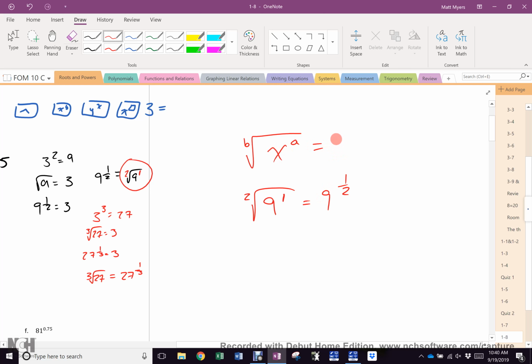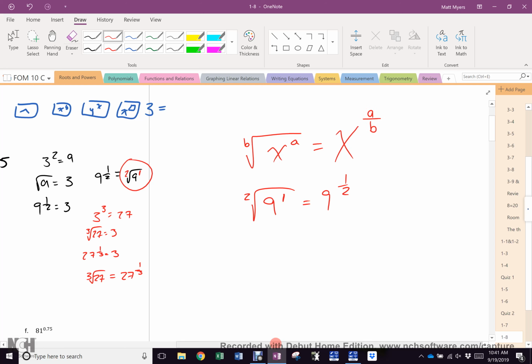What's the big thing I should write? Big X. To what power? Using this example now. You don't need to write this down yet. I just want you to think of it. What would it be? Muskan. A over B.